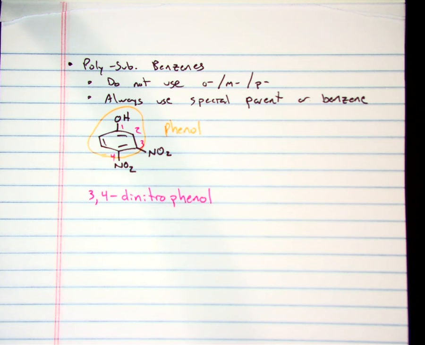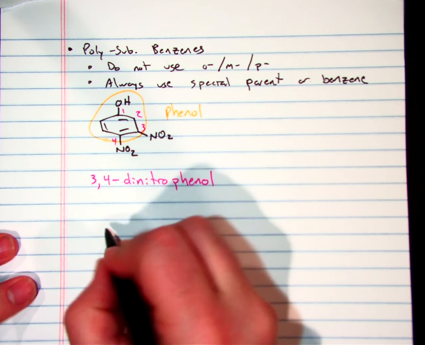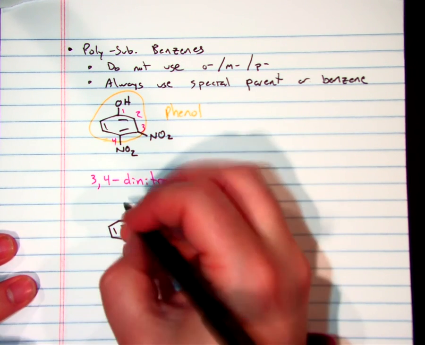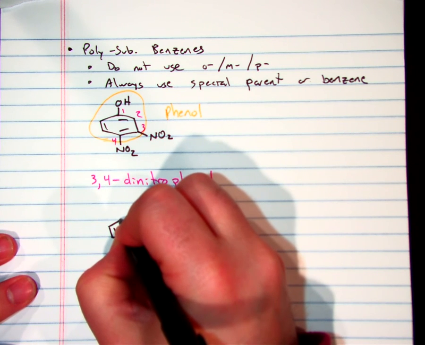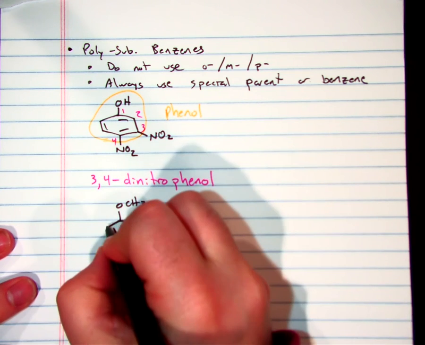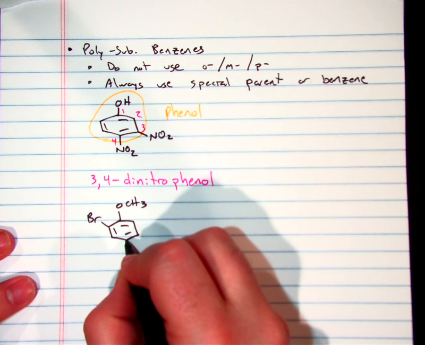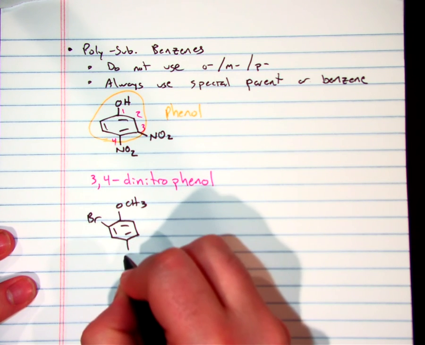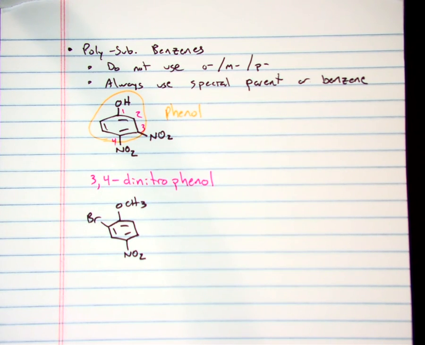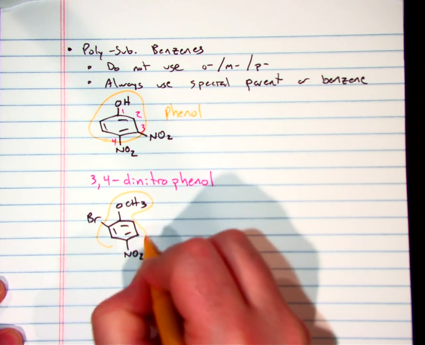We've got another example. So here we have 3 different groups, but again, we're able to identify one of these special names.